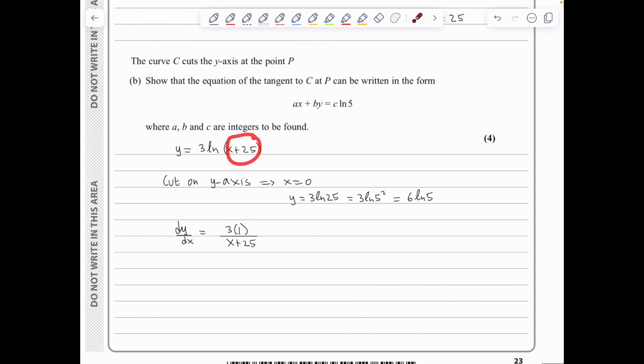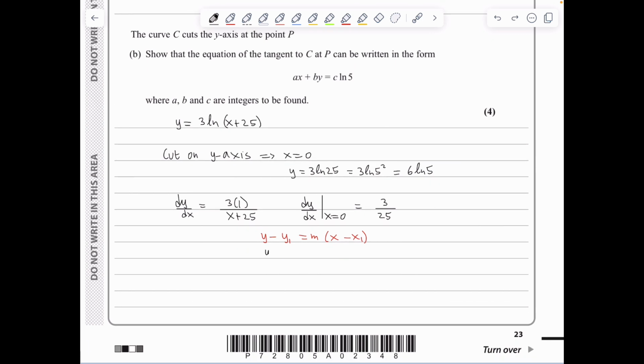So it's 1 over x plus 25 times the 3 that was outside. So I will evaluate dy dx at x is 0, because we're looking at a cut on the y-axis. So this gives me an answer of 3 over 25. So we've got the gradient, we've got the point. I'm using y minus y1 is m times x minus x1.